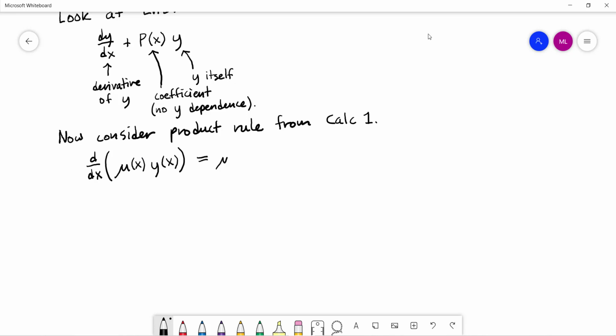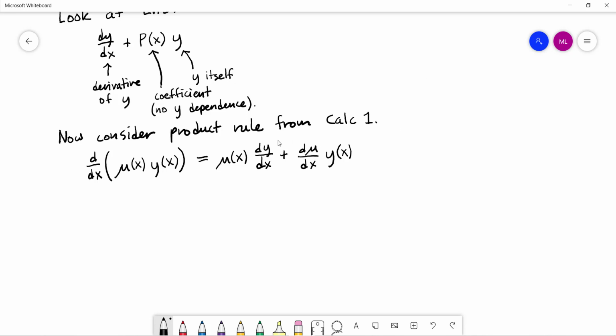So I'll get the first times the derivative of the second. So I'll write that as dy/dx. And hopefully it's clear the x dependence of y is sort of built into that. Plus, again, the second times the derivative of the first. So I'll write it as d mu/dx times y of x, if we want to make it totally explicit.